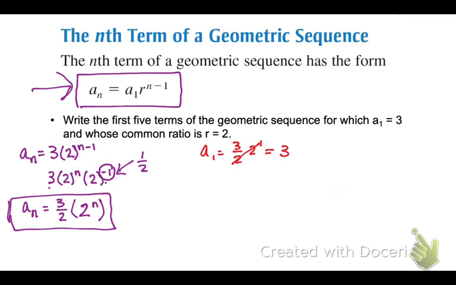A sub 2 equals 3/2 times 2 to the second. Does one of my 2's reduce? Yeah. So 3 times 2 is 6. A sub 3 is 3/2 times 2 to the third.